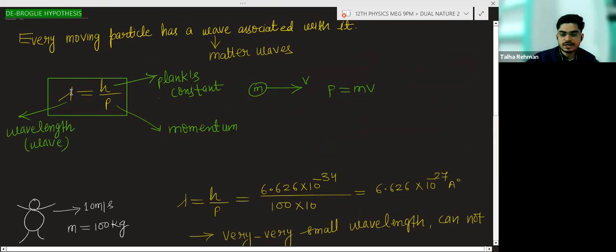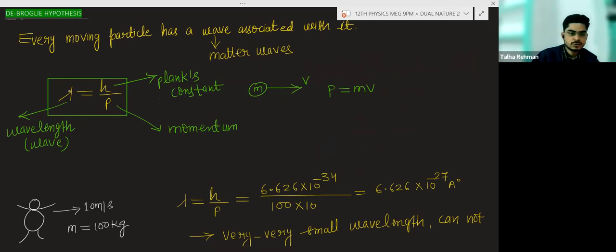This lambda is also known as the de Broglie wavelength.